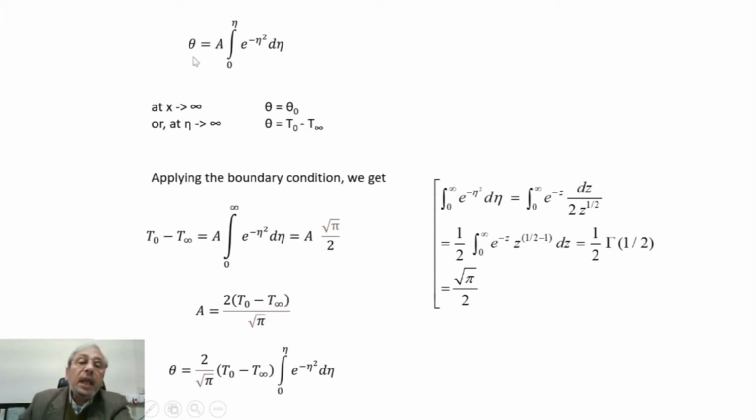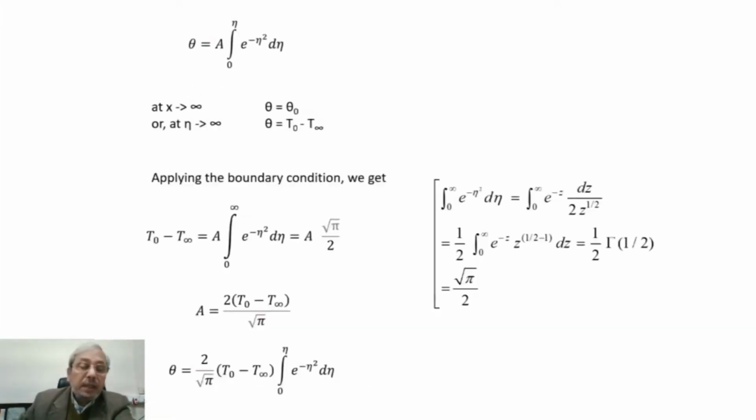So then A is found out. We can write θ equal to 2 by root pi (T naught minus T infinity) into integration 0 to η e to the power minus η² dη. So we get the complete expression for θ.